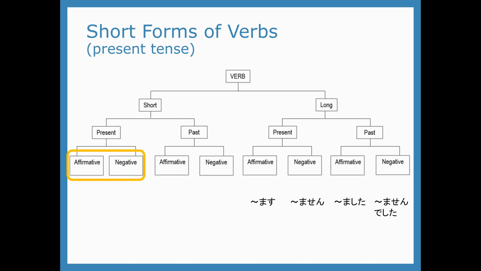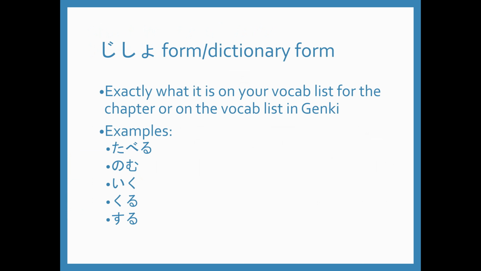Just like we have a present tense affirmative and negative for long form, we have a present tense affirmative and negative for short form. The affirmative is what we call the jisho form or the dictionary form. What this means is just that it's the way the verb is written on, for example, your vocab list for the chapter, or on the vocab list in Genki.